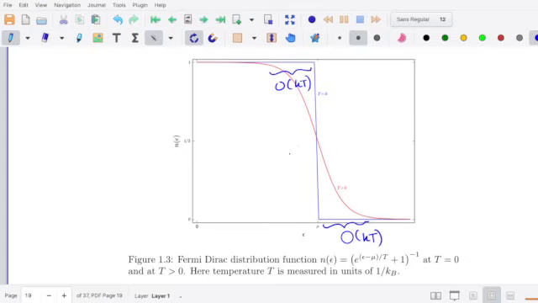So whatever deviation occurs from the behavior at T equal to 0 is coming from this change in the distribution function, and that happens from energy levels of width of the order of kT above and below the Fermi energy epsilon F.